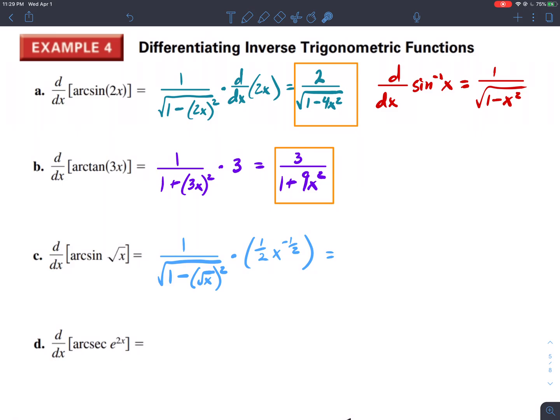Notice that this x to the negative 1/2 is going to move into the denominator, and the 2 can also move into the denominator. So we have just 1 in the numerator, and I can write this as 2 square root x times another square root 1 minus x. To be honest with you, there are 2 ways to do this. I'm going to write it this way so it makes sense. And where does that 1 minus x come from? Well, square root of x squared is x.